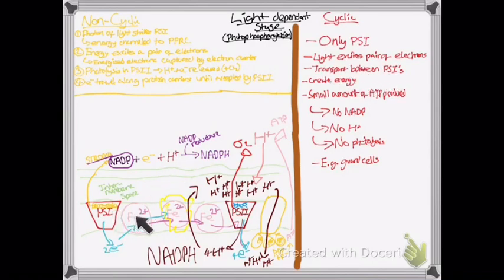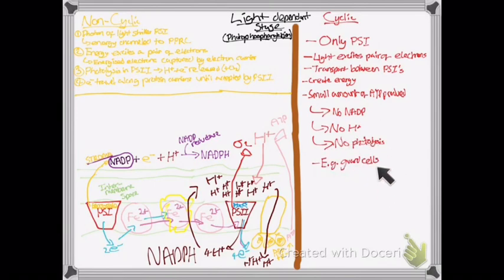This movement of electrons between photosystem 1 and another photosystem 1 across our protein carriers with ions within them creates energy. That energy can be used to generate a small amount of ATP. So we get no NADPH produced, no protons, no photolysis of water.